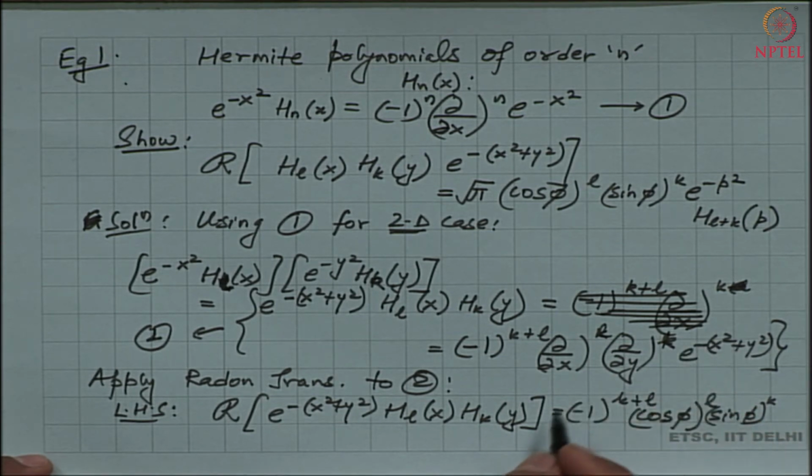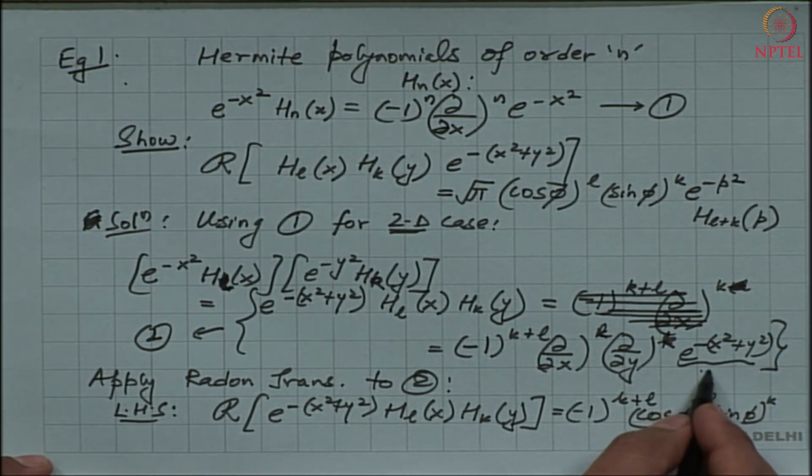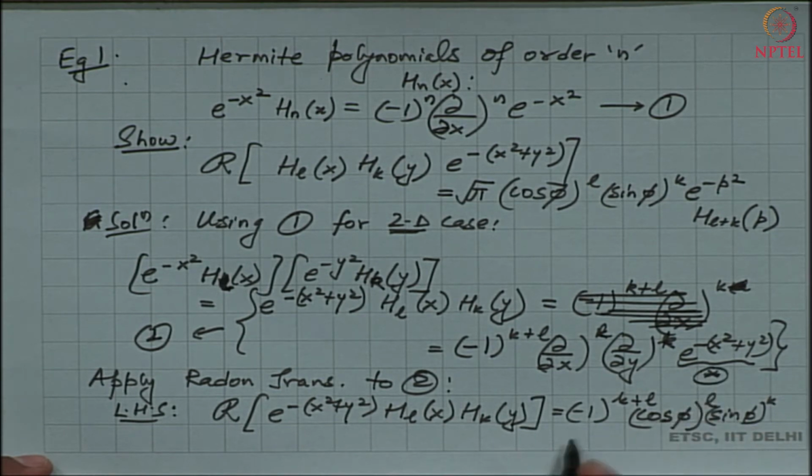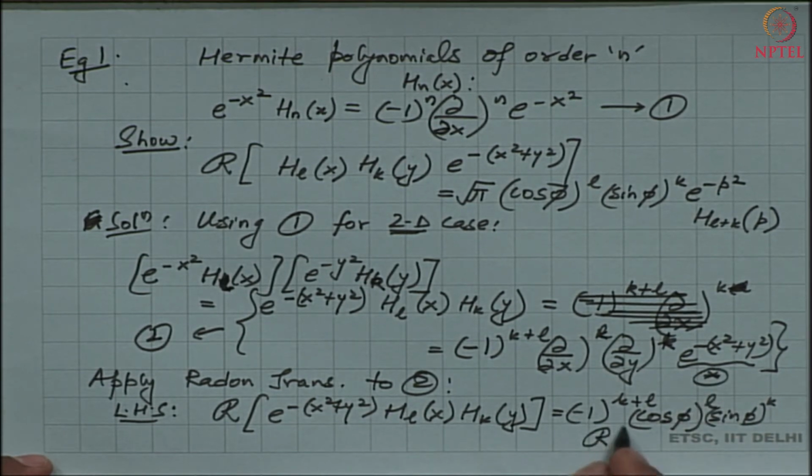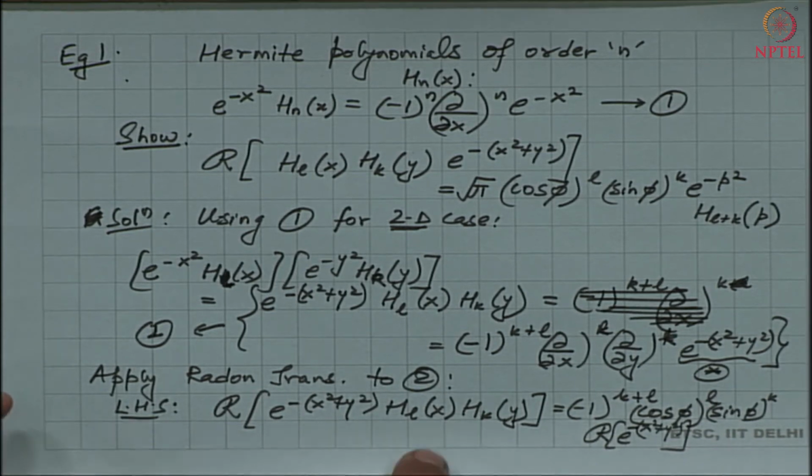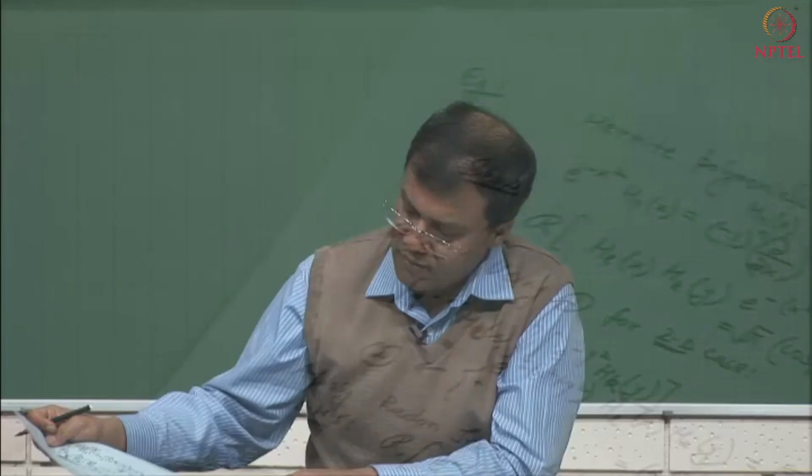examples. Let me write this: I have to evaluate the Radon transform of this quantity denoted here by star. So, let me call this R of e to the power negative (x square plus y square). Okay. So, that has already been evaluated in my previous example. So, what I see is the following.